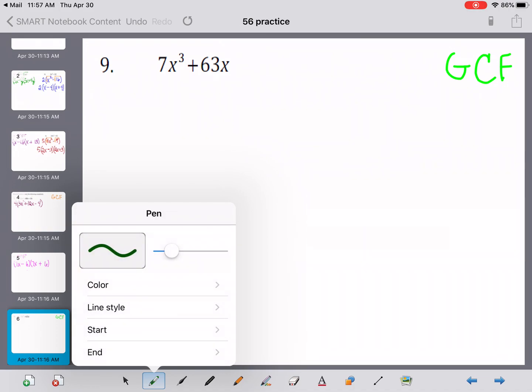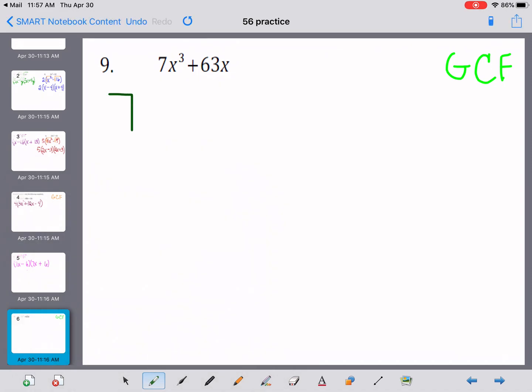But when we factor the greatest common factor, not only do we have a greatest common factor of 7, that will divide into both 7 and 63, but with regard to our exponents, we're going to take the lowest exponent, which is going to be x. And when we factor that out, 7 divided by 7 is 1, x cubed divided by x. We had 3 x's, we took out 1, we still have 2. 63 divided by 7 is 9. We had 1x and we took it out.